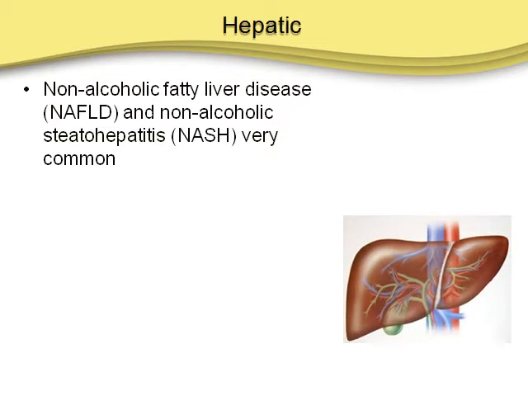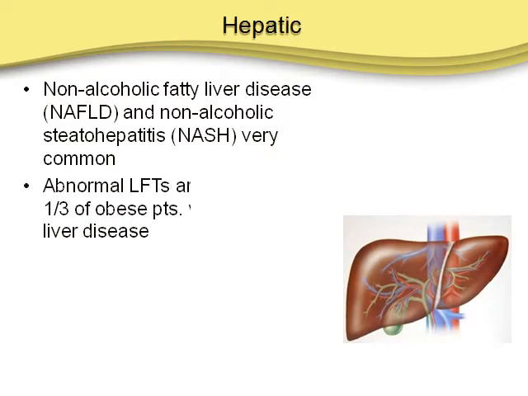Histologic and liver function test abnormalities are relatively common, but clearance usually is not reduced. Abnormal liver function tests are seen in up to 1/3 of obese patients who have no evidence of liver disease. Weight loss results in sustained improvement in liver enzymes in direct proportion to the extent of weight reduction.